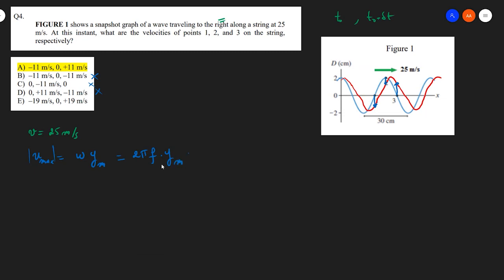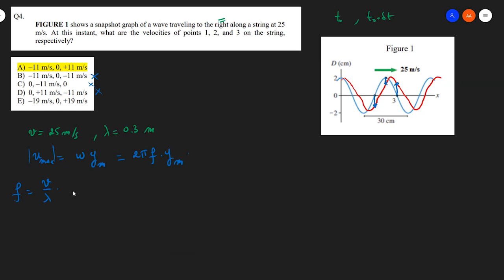And the frequency, we can obtain from the graph because it's v over lambda. From the graph, from valley to valley, this is 30 centimeters. This is lambda. So lambda is equal to 0.3 meter. I need to be careful about the units. This is in centimeters, so I need to put it in meters. So it is 0.3 meter.